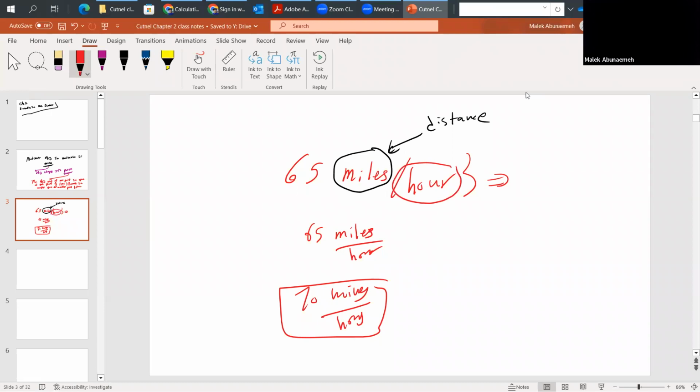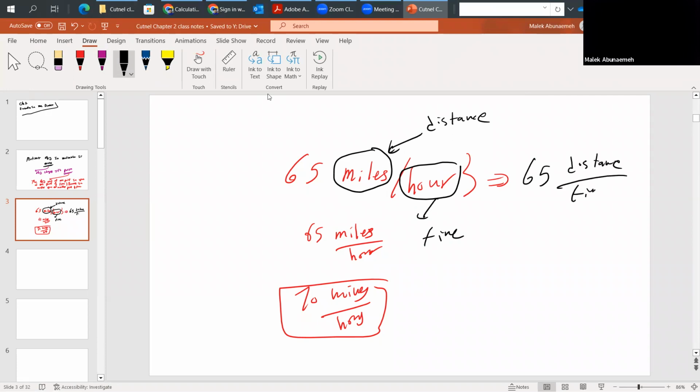Apparently my computer crashed, so let me go ahead and write this again. So hour is another fancy word for time. So really, we're going 65 with a unit of distance over a unit of time, and what we're talking about is the speed. So your speed, which is 65 distance over time, miles per hour, that's what we define as your speed.